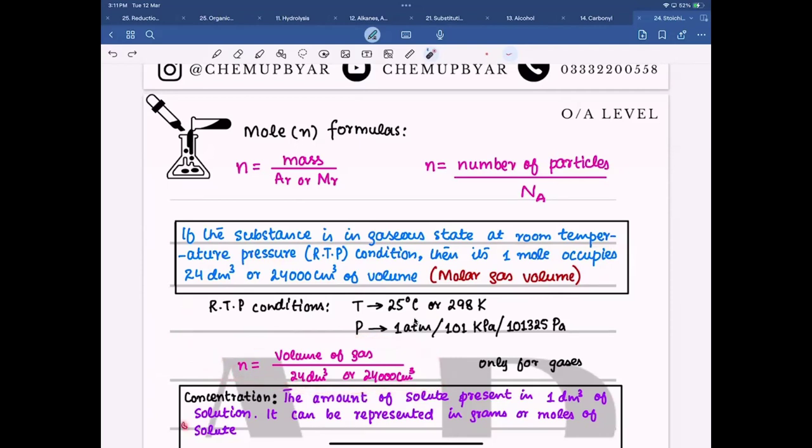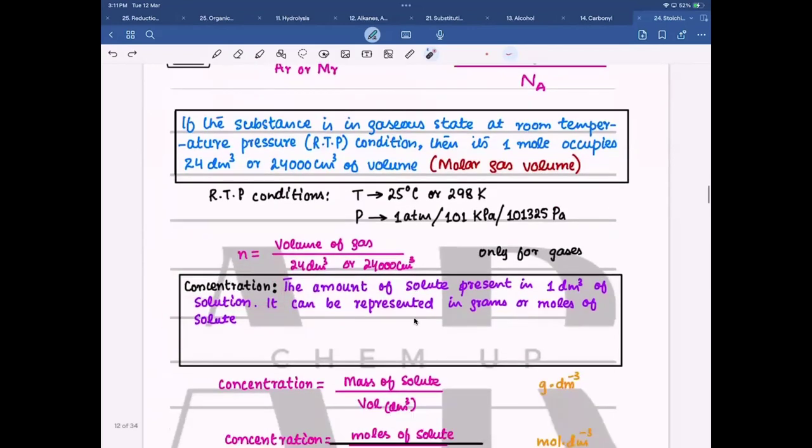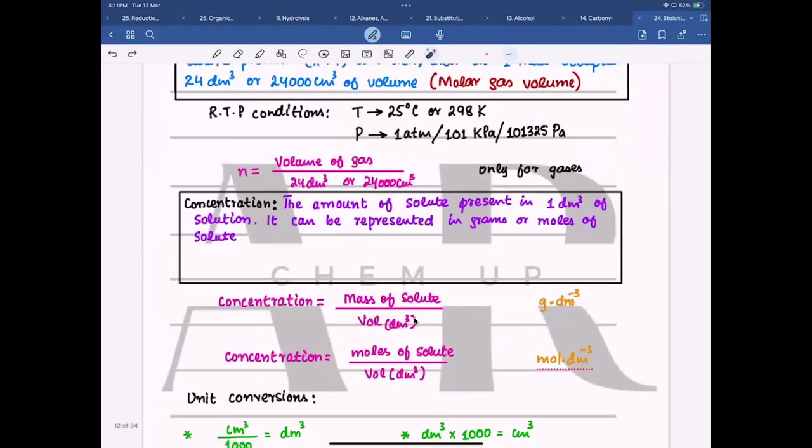Then we have concentration. So what is basically concentration? It's the amount of a solute present in a solution. How much solute is present in the total solution, that is called concentration. Okay. So it can be represented in grams or moles as well.